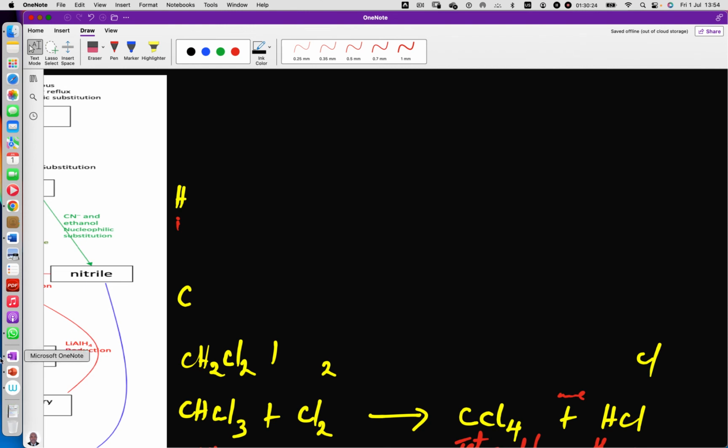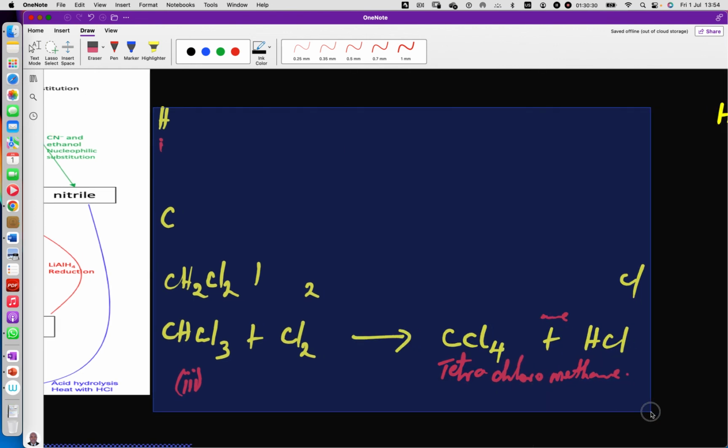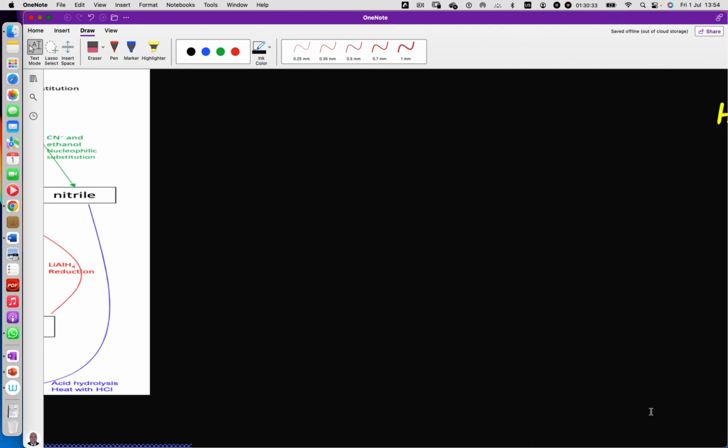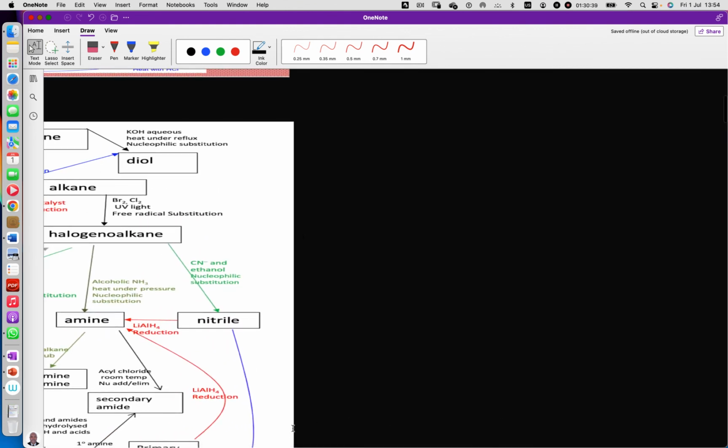There are three stages in the free radical substitution. We have the initiation stage, we will have the propagation stage, and we will also have the termination stage. Now this is the normal one, then the free radical stage for alkane to halogenoalkane.